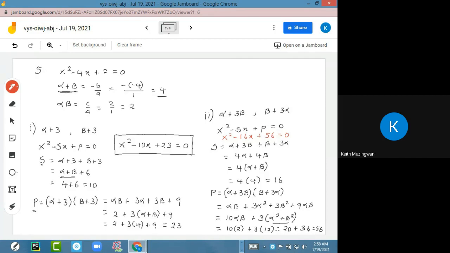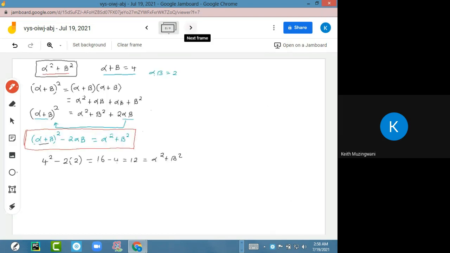So you must always keep that formula, the x squared minus the sum x plus the product is equal to 0, and know that what you're calling s is just the sum. What you're calling p is just the product. So that is answering question 5.